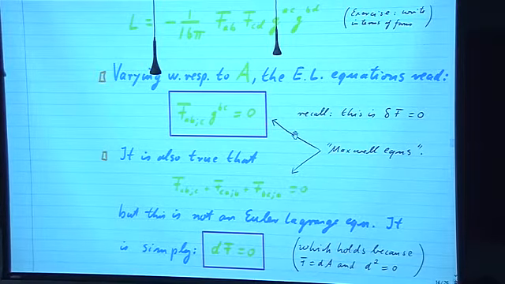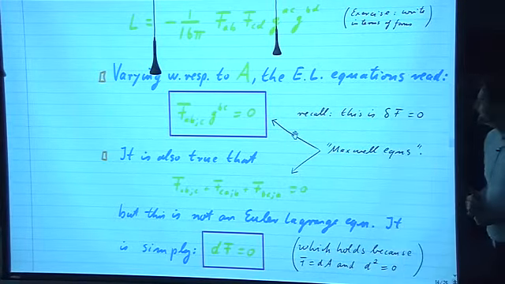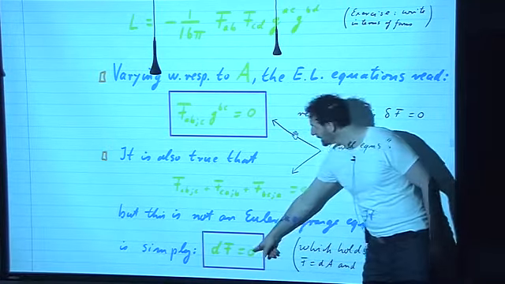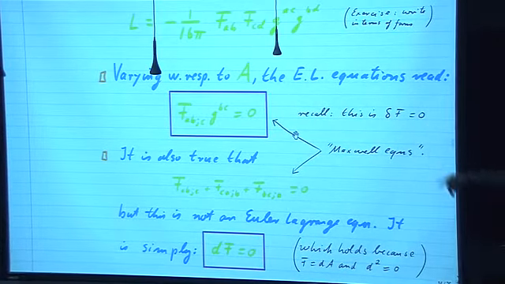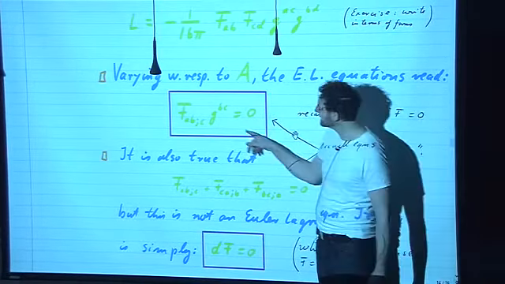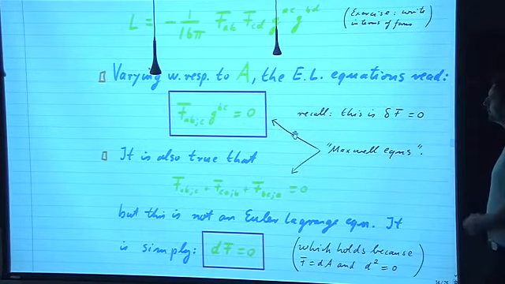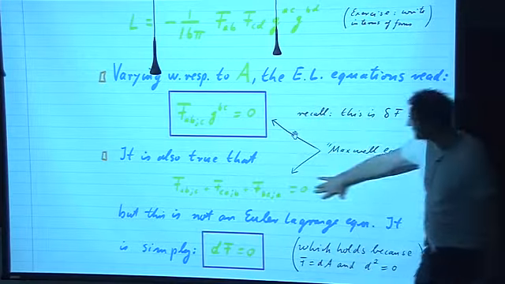But at this point, you may be wondering, wait a moment. Our equations didn't look exactly like that. This one we had exactly like this. And also this one we had like this. But our equations didn't exactly look like that. Because if you remember, actually this one we had, but this one we didn't have.